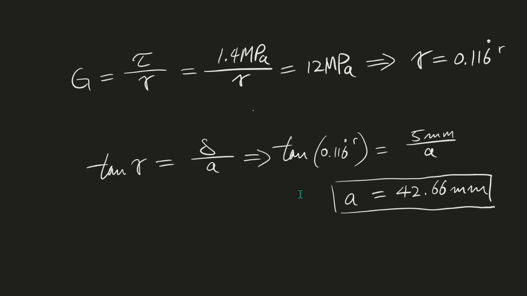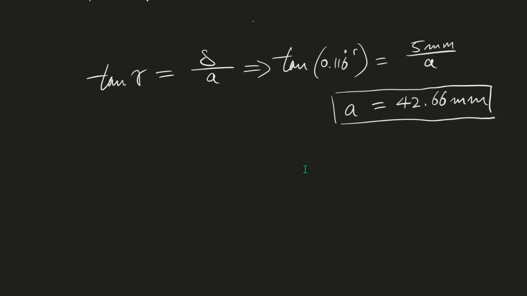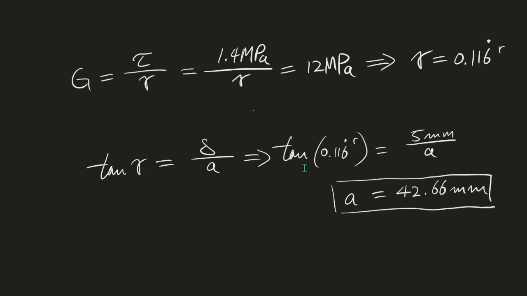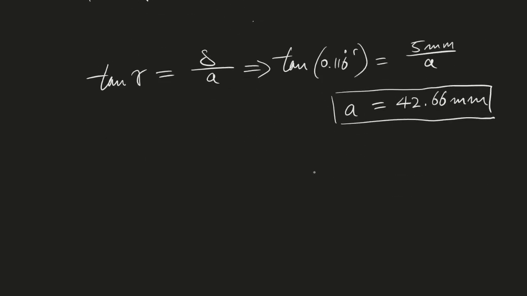Now that's our answer, but doesn't it look a little strange? 42.66, that's 8 times more than the 5 millimeter displacement. But it does make sense if we draw out how it will actually look. We know the gamma is 0.116 radians.